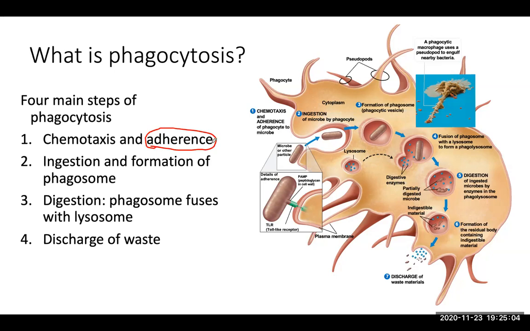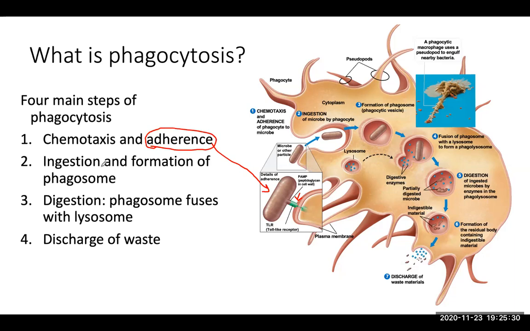So right here, we have adherence of the bacteria to the phagocyte, right? So the phagocyte grabs on, and you see here, this white blood cell really does grab on and eat up these bacteria.